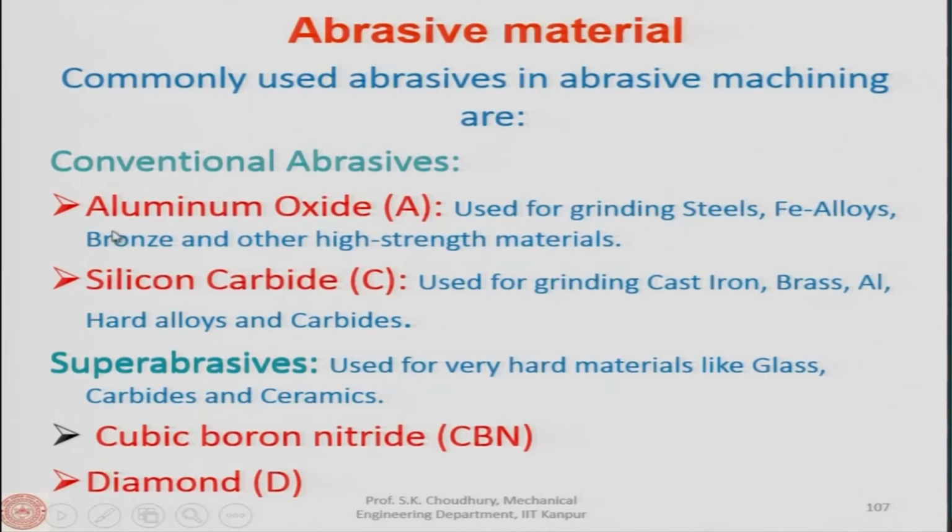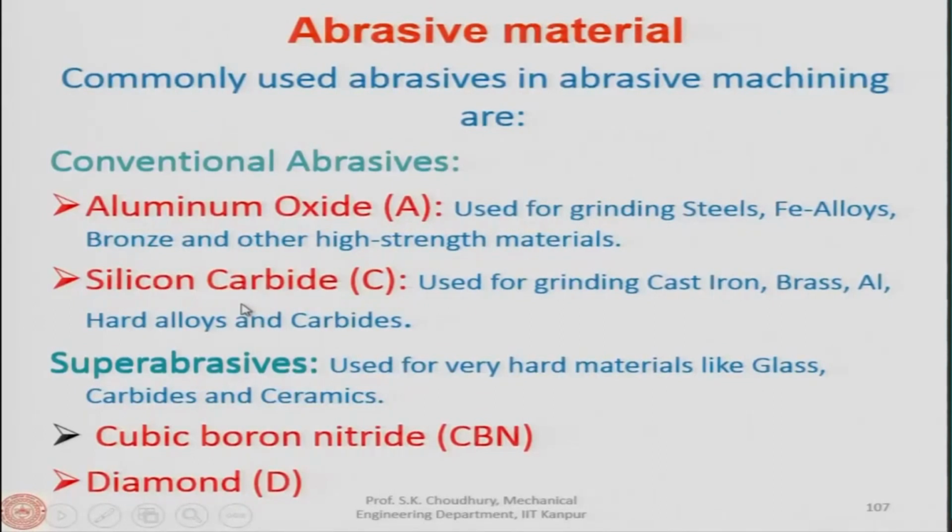So, most popular is aluminum oxide, Al2O3, used for grinding steels, ferrous alloys, bronze and the other high strength material. Whenever there are high strength materials to be ground, then the aluminum oxide has to be selected, that is the Al2O3. Silicon carbide is given as SiC, and that is designated as the C.